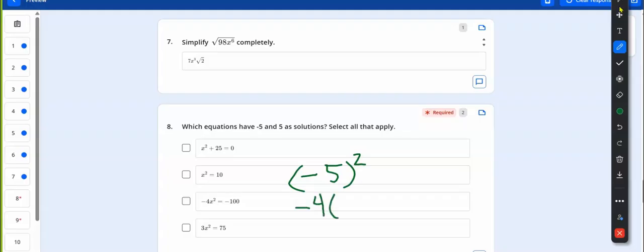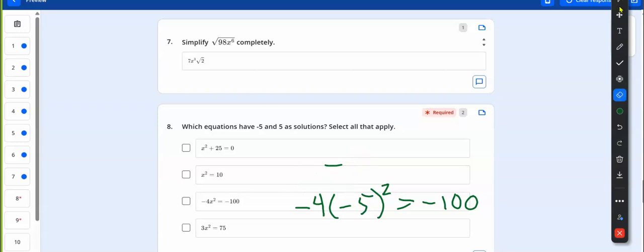The next one says -4, and then I have -5 squared equals -100. Is that true? Use your calculator. Wait, mine is showing an error.